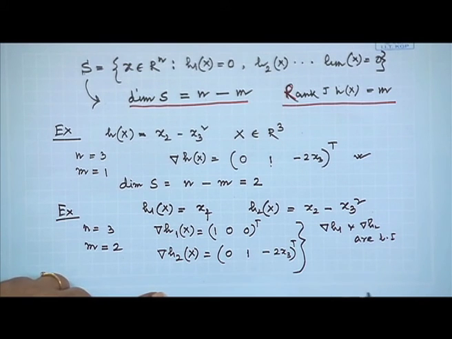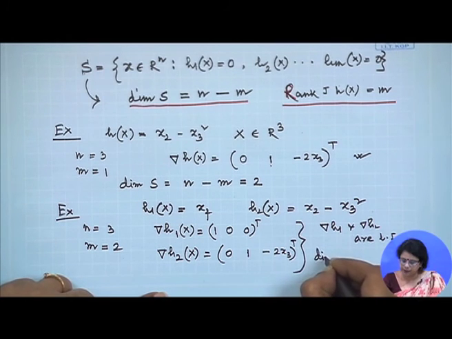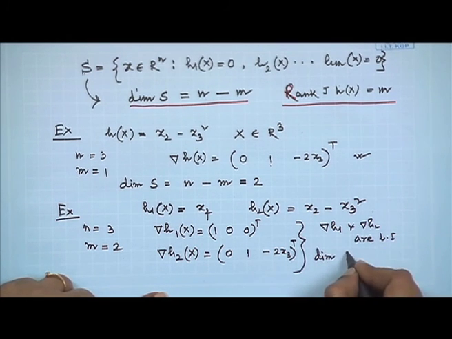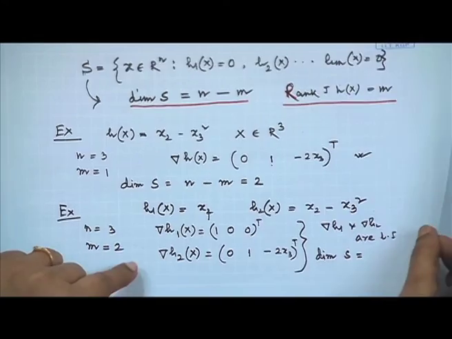One cannot be expressed in terms of the other one. You can very easily find it out. And not only that, from here we can say the dimension of S is equal to, what is the dimension for this thing? Let me just explain to you.